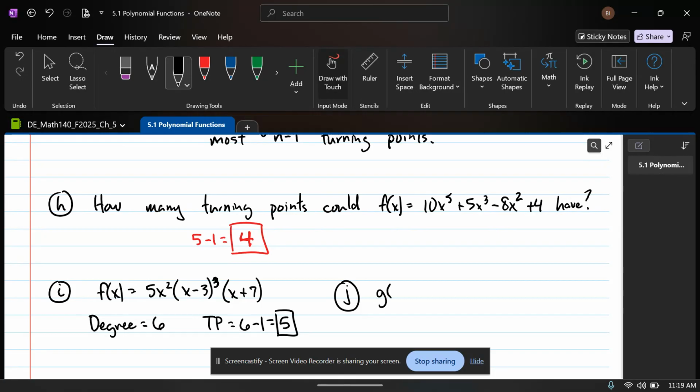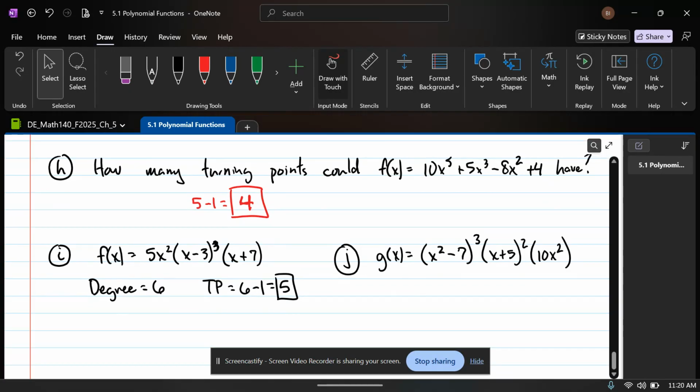Let's do one more. See if I can make it even harder. x squared minus 7 to the third power, times x plus 5 squared, times 10x squared. So what's the degree?